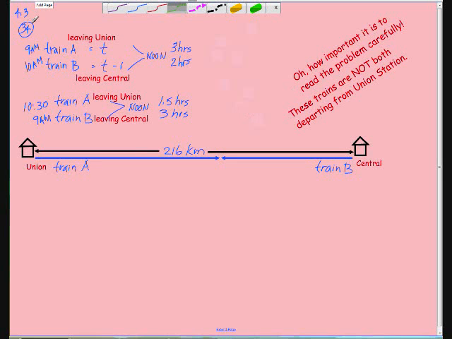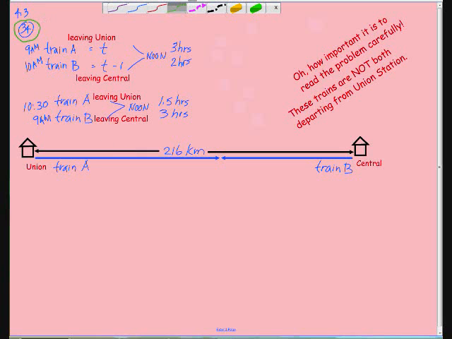I don't think I even assigned this one. This was number 34. But I left it in this lesson because it was a great demonstration. Here was an error I made, and I thought I would use it as an example here. I had taken a problem which had Union Station over here and Central Station over here. And I had tried to solve it in front of a class without consideration of the fact that they were going in opposite directions.